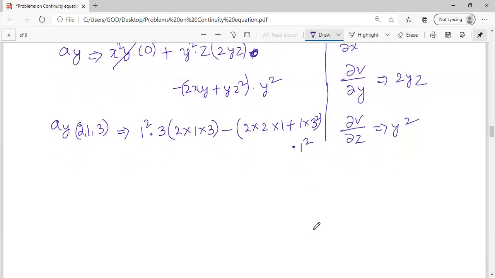You substitute this in the calculator, then you will get the variable that is ay. This value comes out to be minus 3 units.